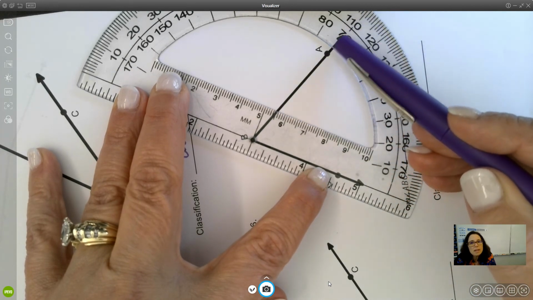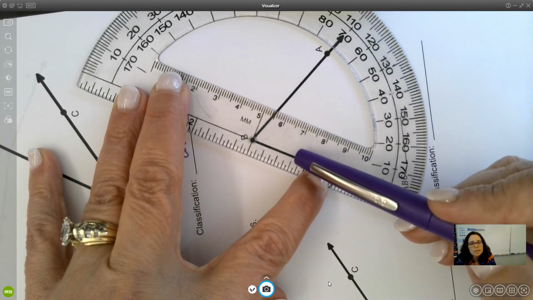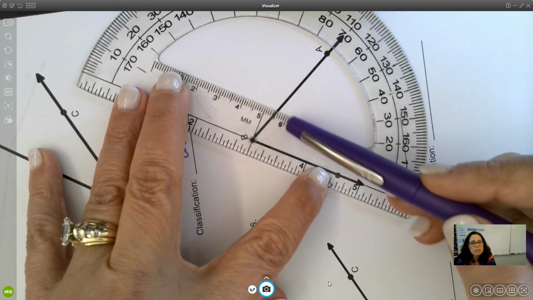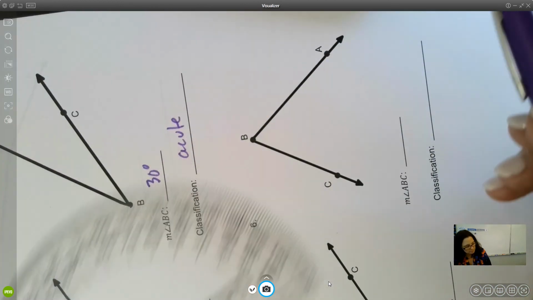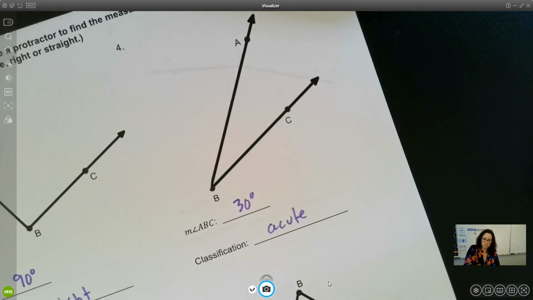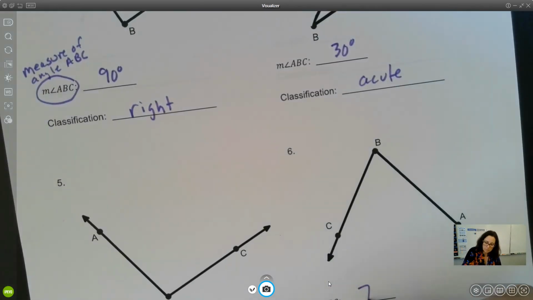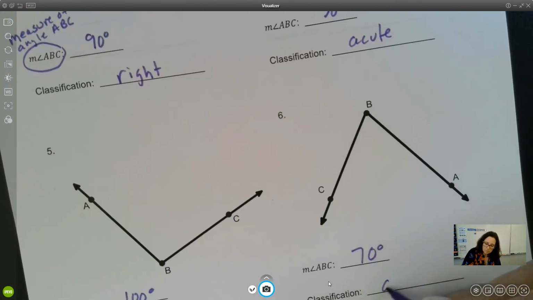Which one do I take? This angle is smaller than 90 degrees, so I'm taking the 70. And that would make it acute.